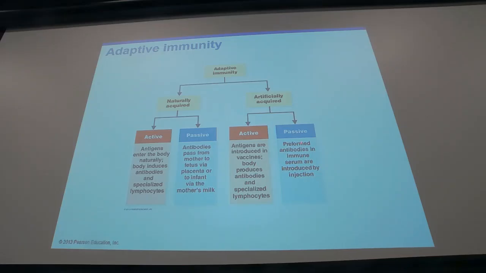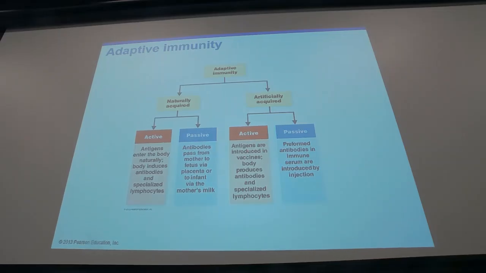Now, that will be for naturally acquired, for when you got sick. But if you have vaccines given to you, you have either a part of these microorganisms or the microorganism will be killed.